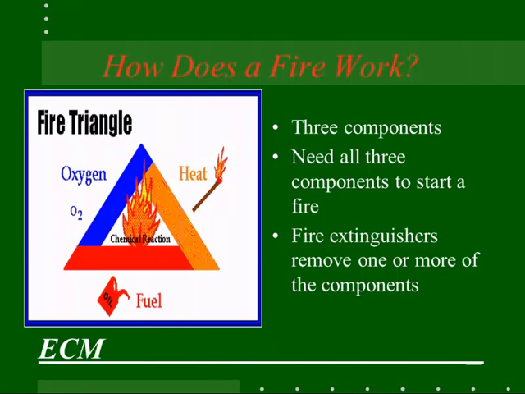The first slide here is the fire triangle, and the reason that that's important is that different extinguishers work different ways, and if you take out any side of this triangle, the fire is going to go out. You don't have to take out all three, just any one side. So if the fire department comes out with their water hoses, they're taking away the heat side, the fire is going to go out.